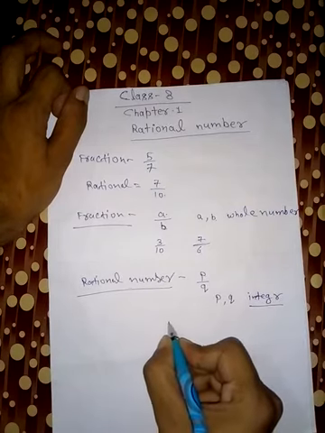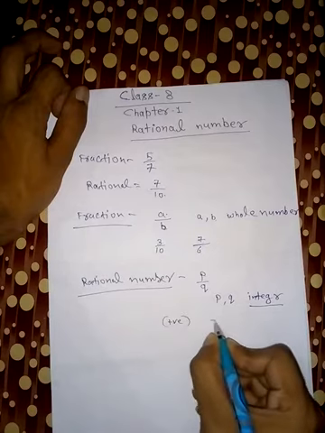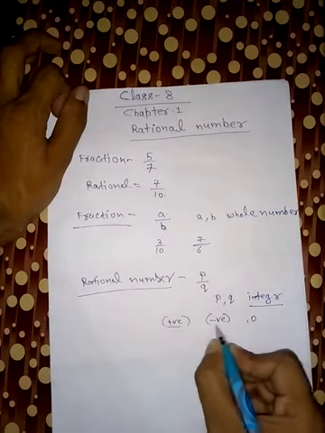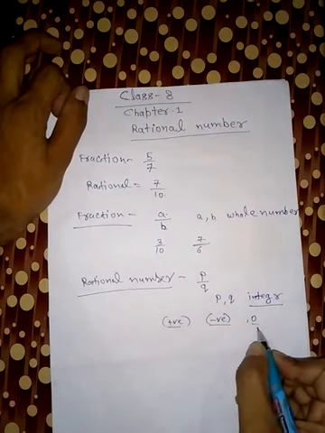Integer means it can be a positive number, a negative number, and zero also. Positive numbers, negative numbers and zero are all integers.